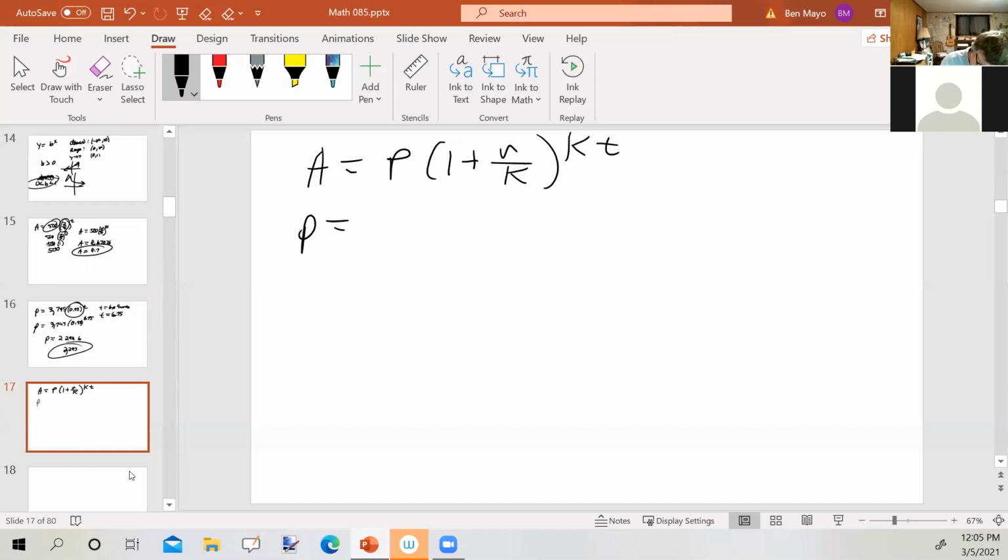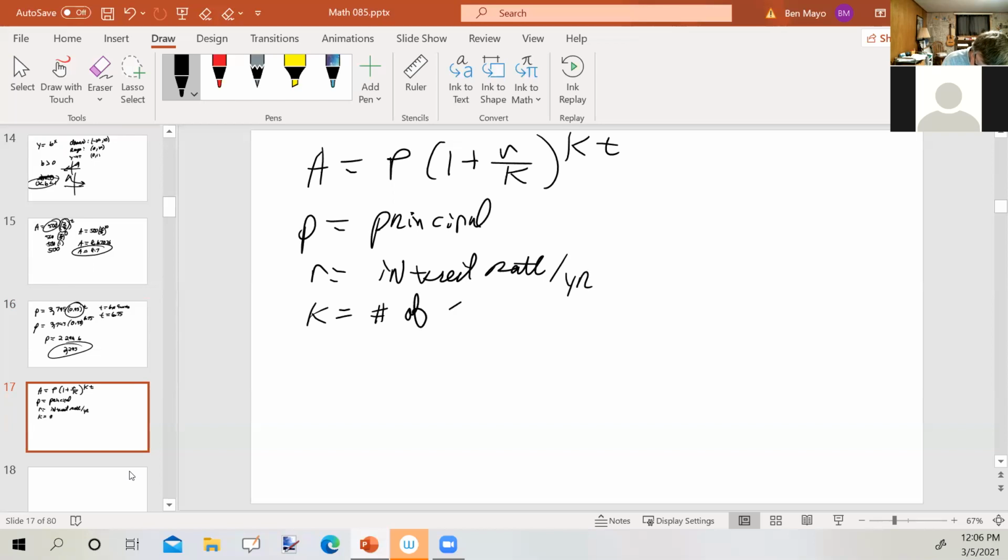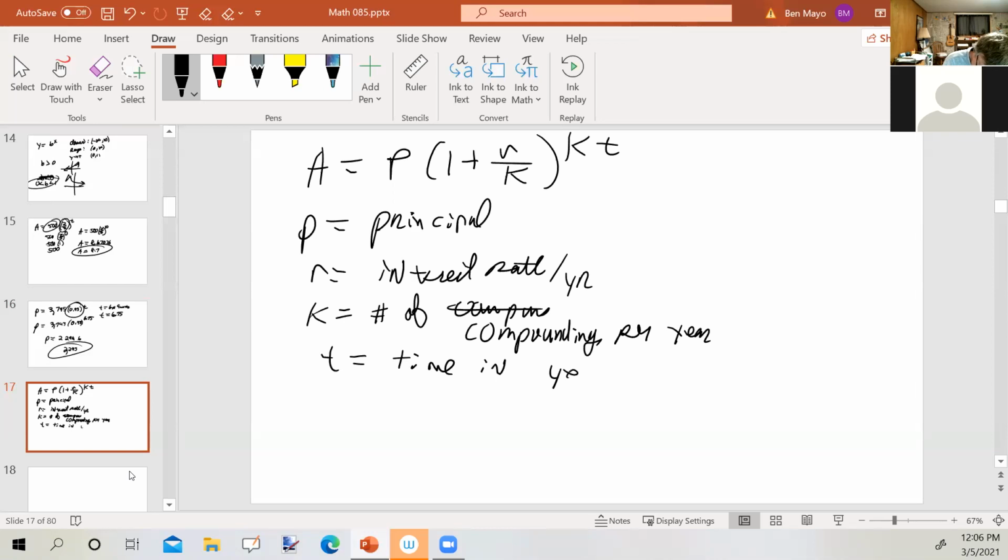Okay, P is the initial investment or the principal. r is the interest rate, and that's typically per year. k is the number of compoundings per year, and t is time in years.